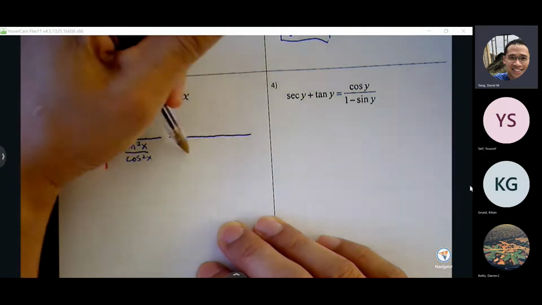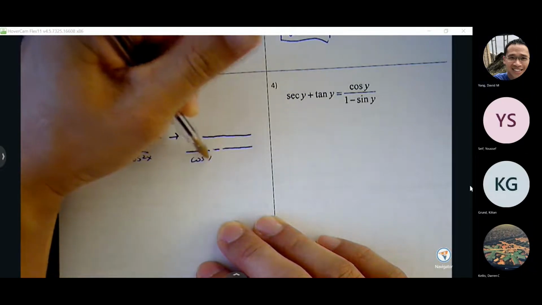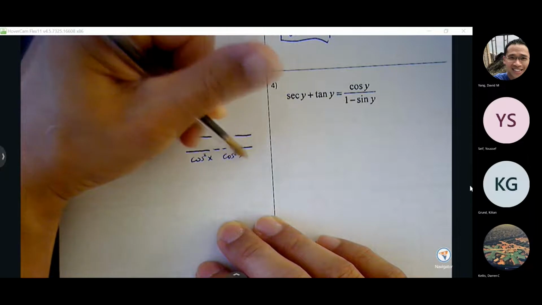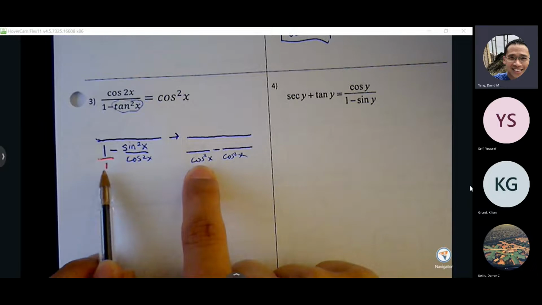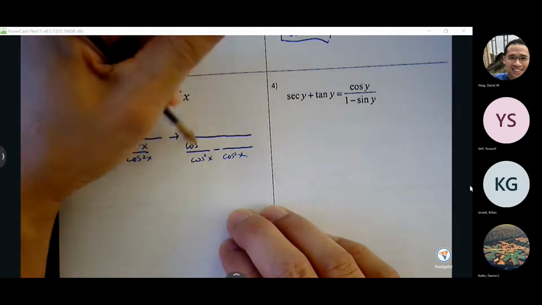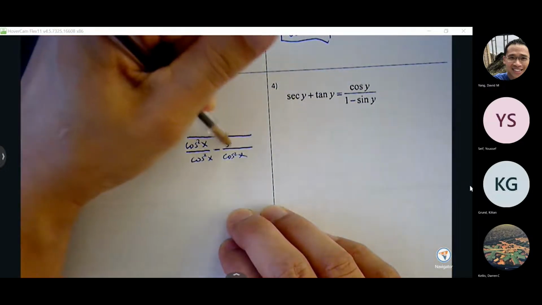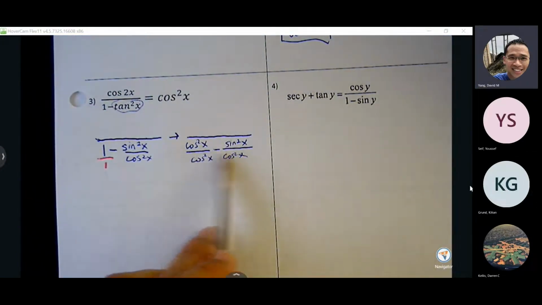But here, my common denominator is going to be cosine squared x. This one is missing a cosine squared, so I need to multiply the top by cosine squared. So you see how this is going to end up being cosine squared minus sine squared.